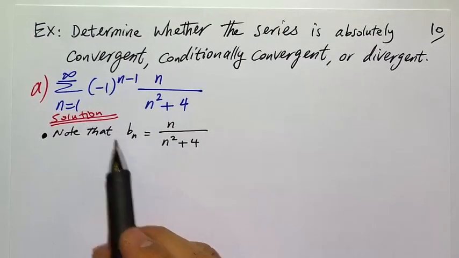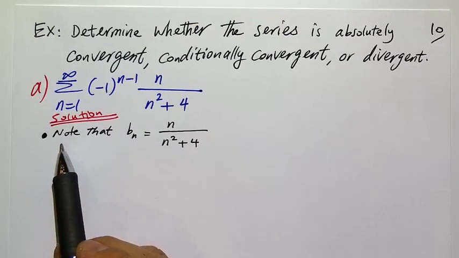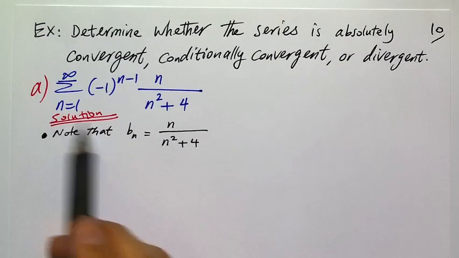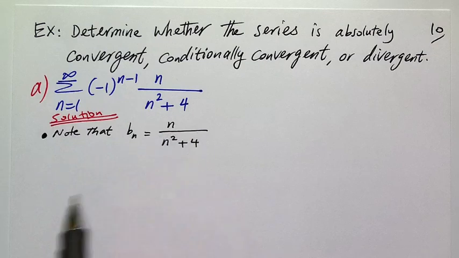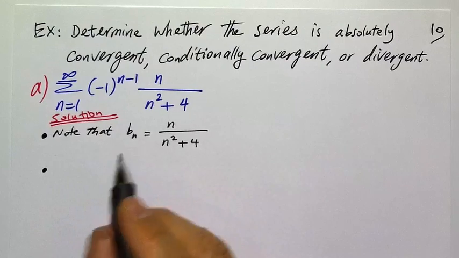Now, applying the alternating series test, we need to show that this is decreasing, or whether it satisfies condition 1 or not.